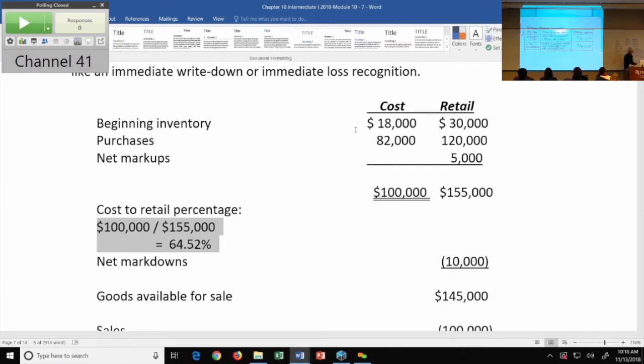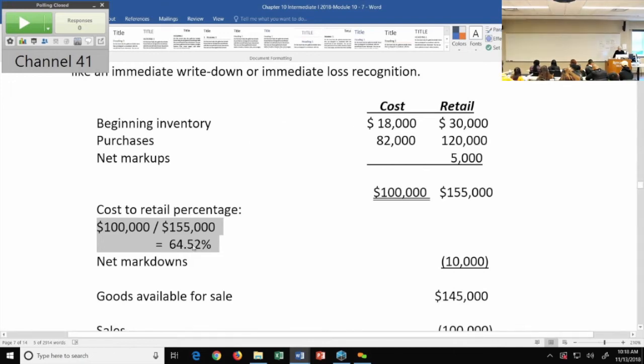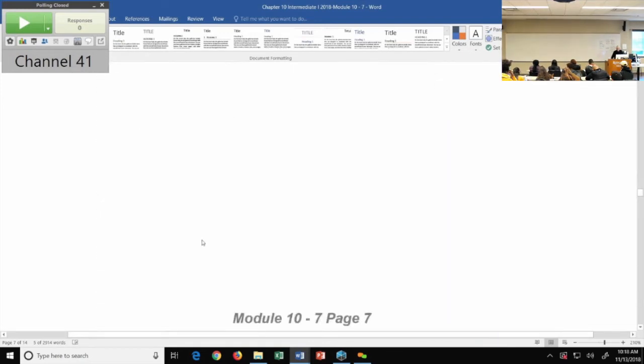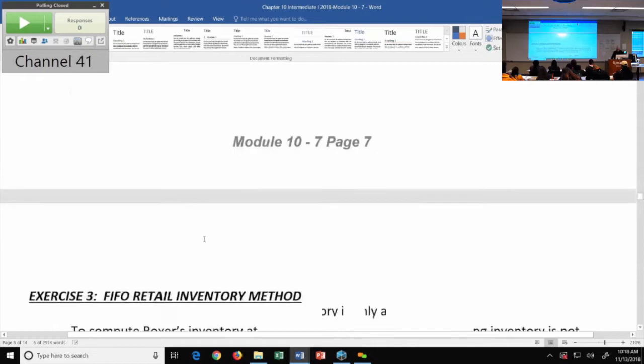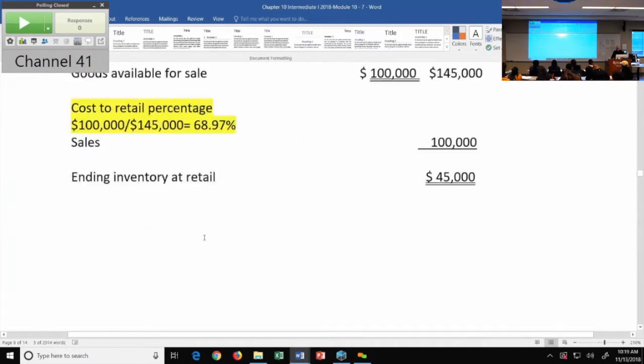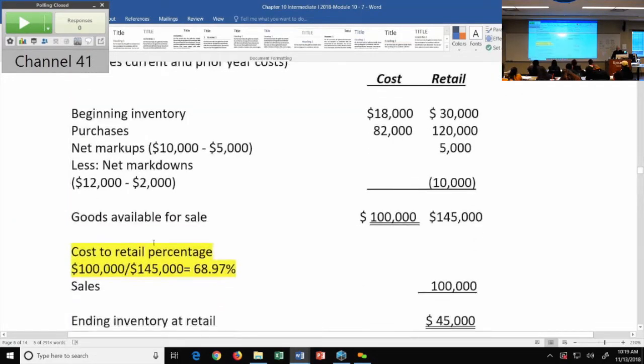So put that back on the screen. I thought I had this on the screen, so I'm going to answer the question again. When you did the average cost, goods available for sale and the point of ratio calculation are the same.